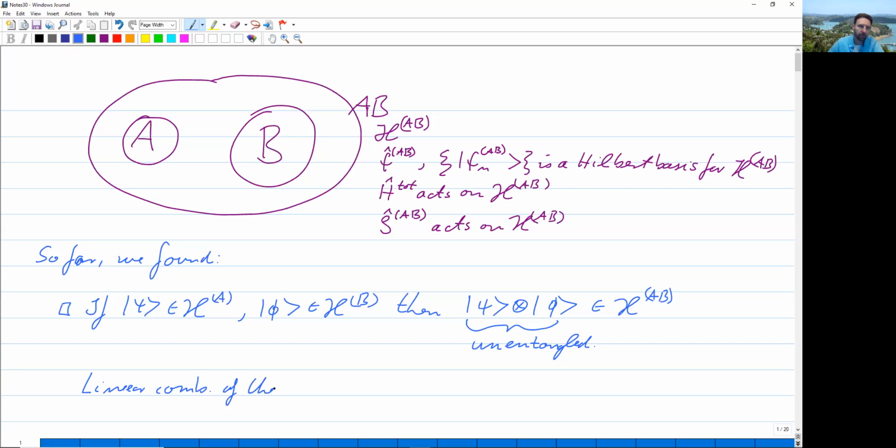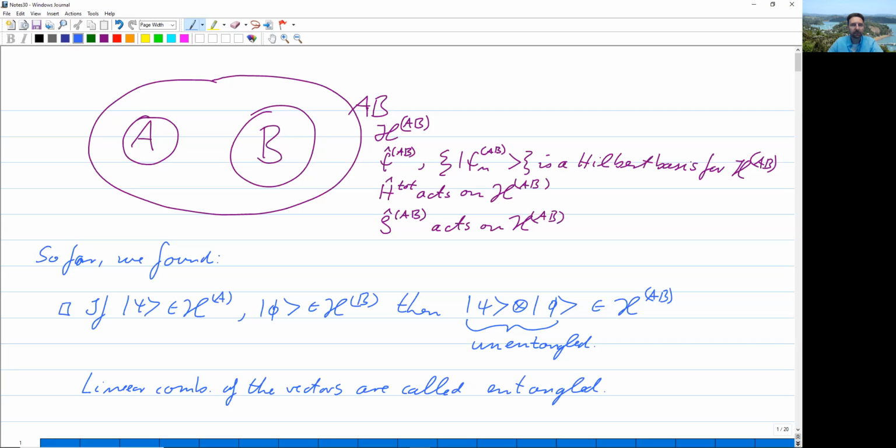Now, linear combinations of these vectors are called entangled. Now keep in mind that the definition of entanglement always assumes that we have a situation like this, where we have subsystems and a total system.